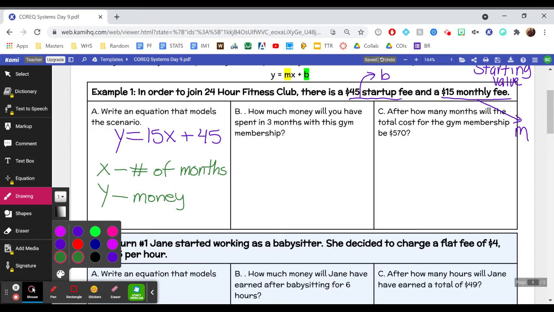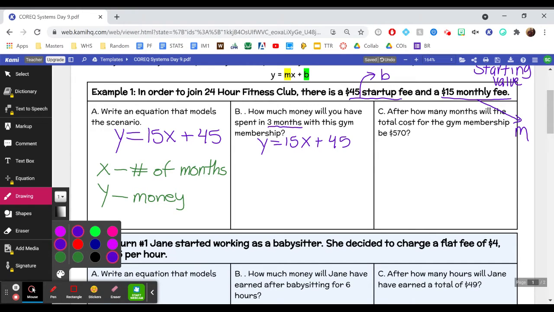So now that is going to help us answer the next question: how much money will you have spent in 3 months with this gym membership? In order to answer that question, we have to use our equation. y equals 15x plus 45. If we want to know how much money we have spent after 3 months, what am I going to put in the 3?